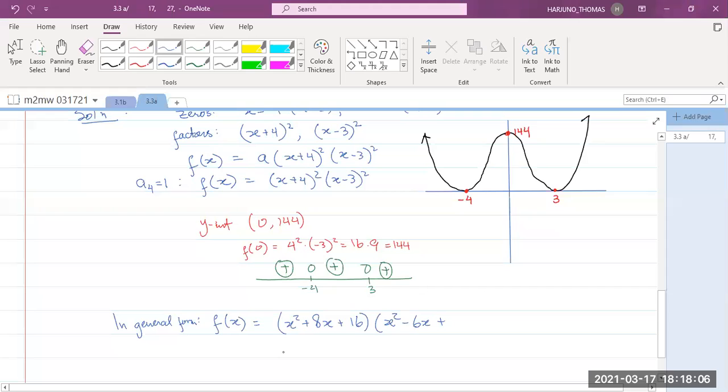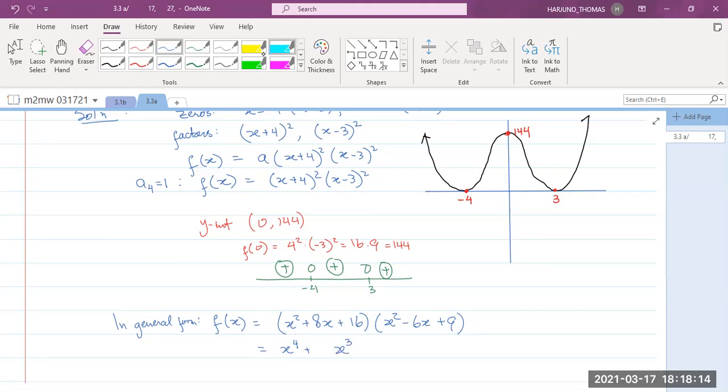The first term is x to the 4th. Now what is the coefficient for x cubed? X cubed can only happen if we have x squared times 6x and 8x times x squared.